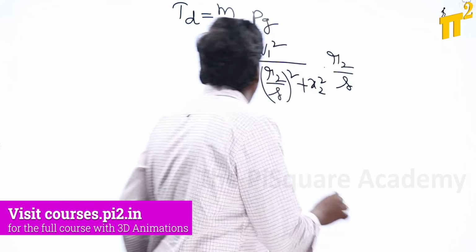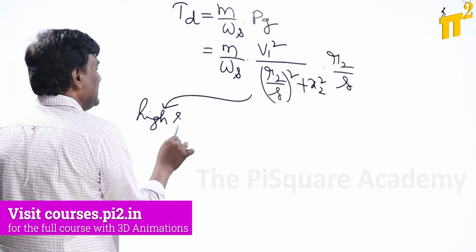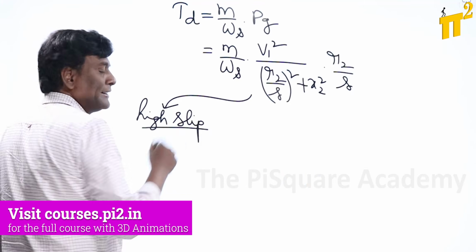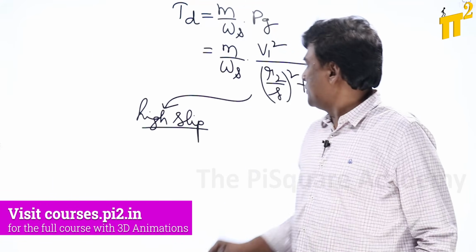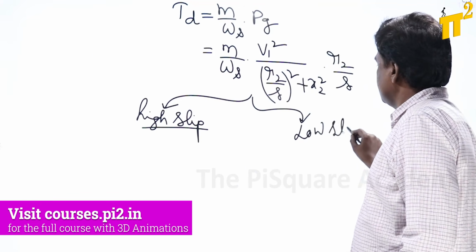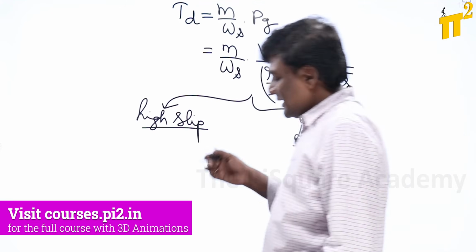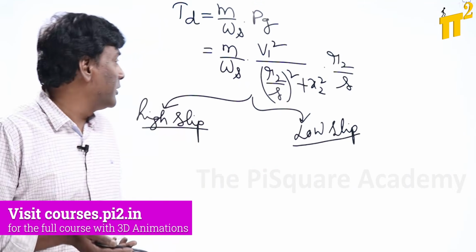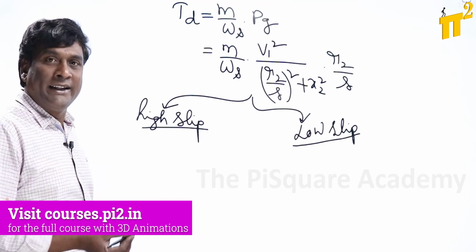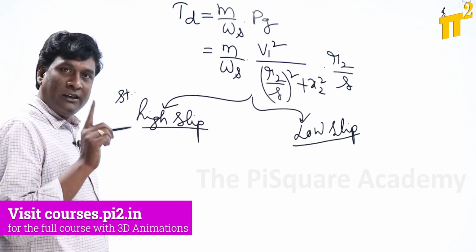Now let me think of the high slip region, in the sense of starting conditions, and let us think of the low slip region, in the sense of running conditions. In the high slip region slip will be more, nearer to unity. At starting, how much is the slip? At starting slip is going to be 1.